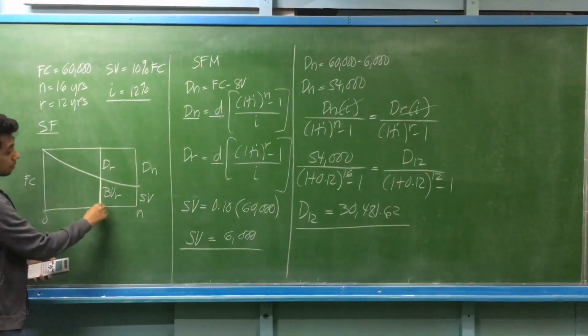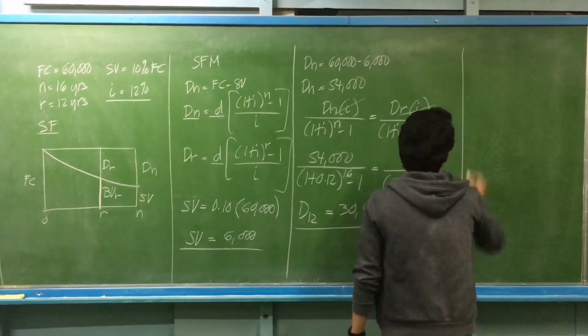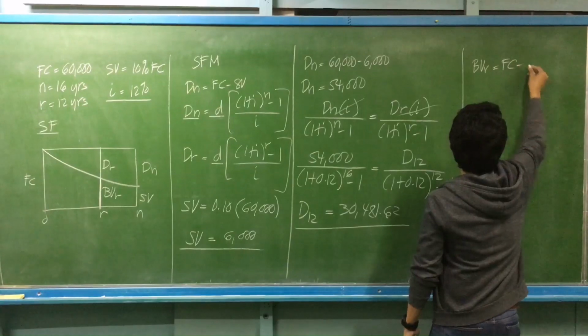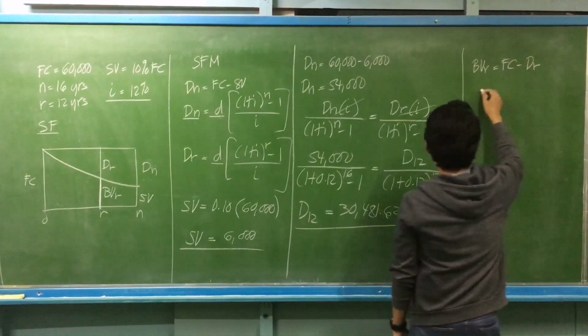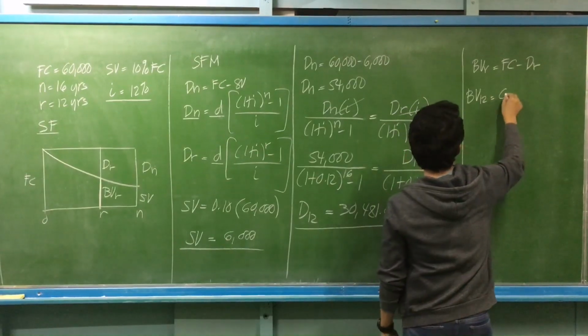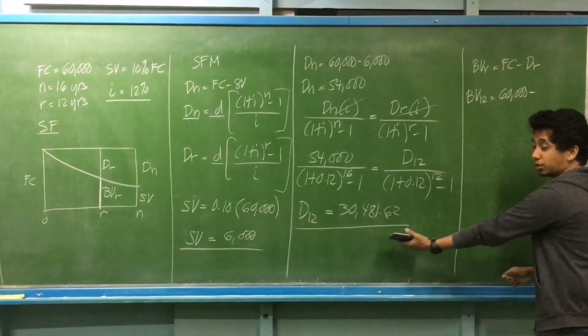Paano kunin yung book value naman? Yun yung required sa problem na to. So, you have book value R is equal to the first cost minus D sub R. So, hinahanap natin, book value number 12. What is our first cost? This is 60,000 minus accumulated depreciation on the 12th year.